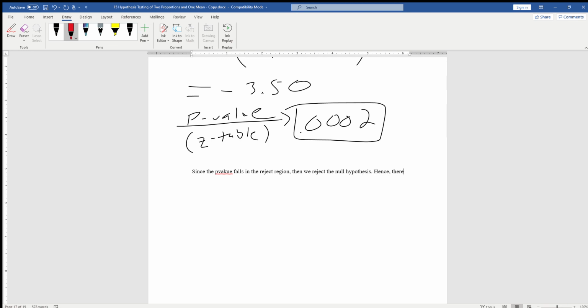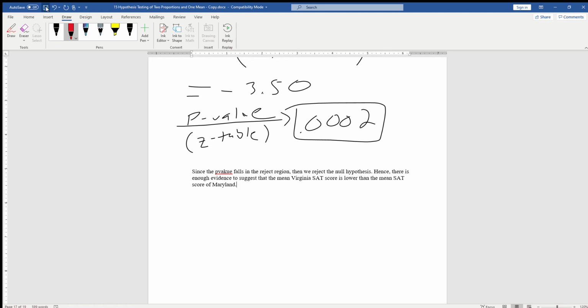Hence, there is enough evidence to suggest that the mean Virginia SAT score is lower than the mean Maryland SAT score. Great.